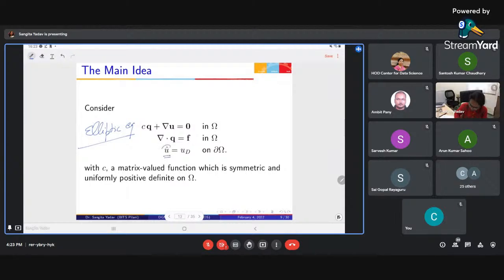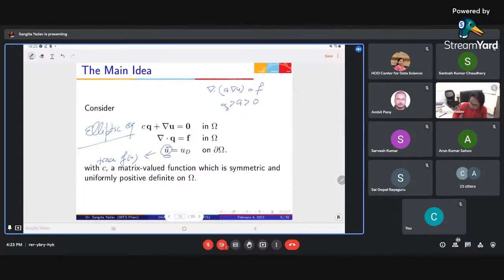Please note that the hat notation has been used for the trace of u, meaning the function value on the boundary. This problem is a second order differential equation of the form A grad u equals f, where we assume A to be strictly positive and bounded below by a constant, let us say alpha naught.